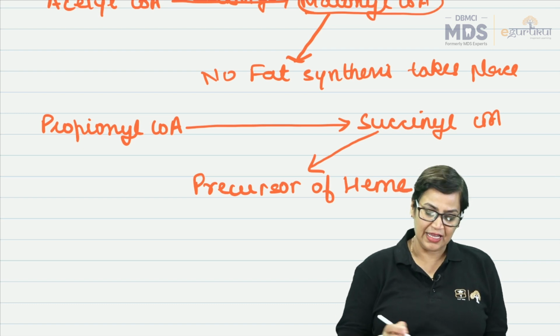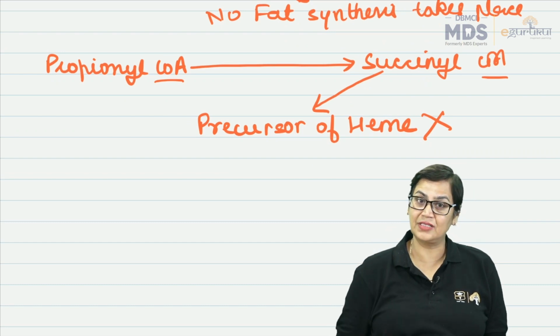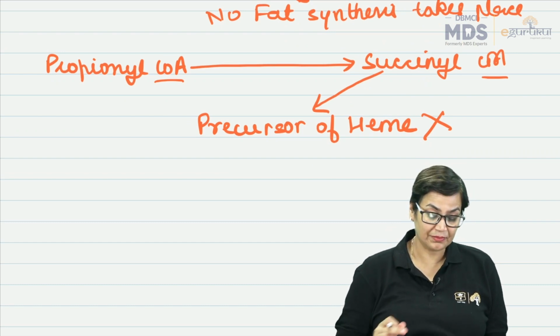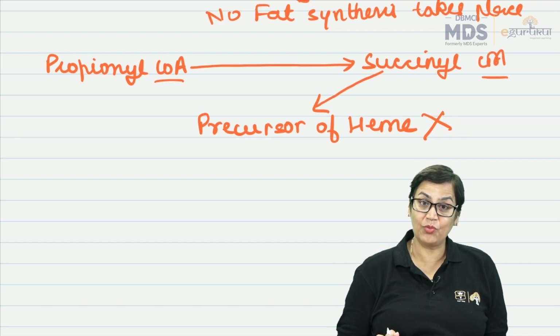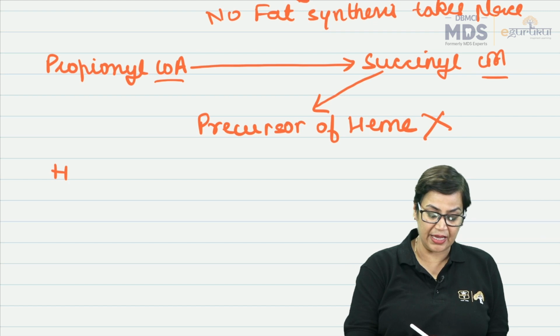Again, we can say that if this CoA is not there, heme synthesis will not happen. So you can imagine the importance. This is the importance of vitamin B5. Then last is HMG-CoA. Very, very important.